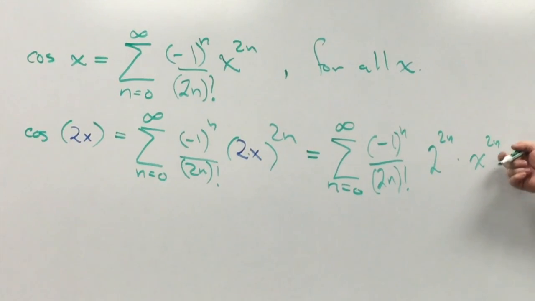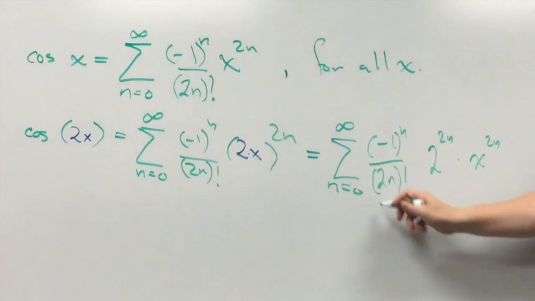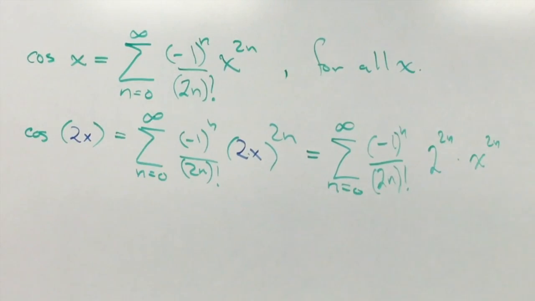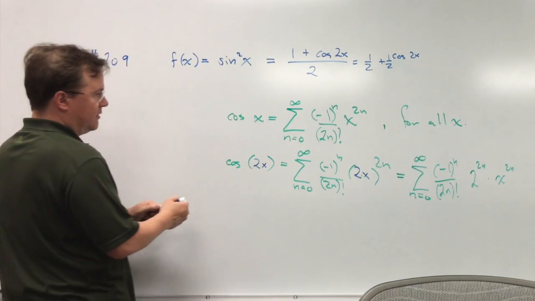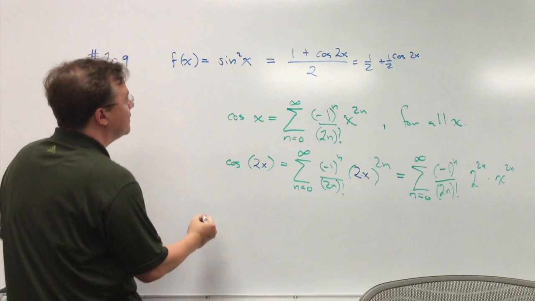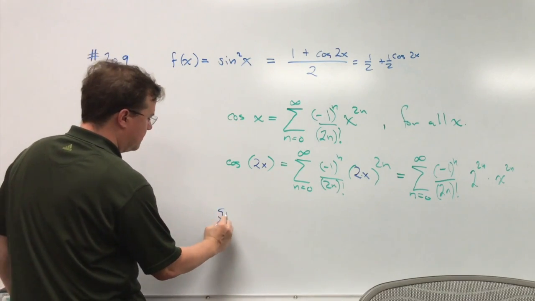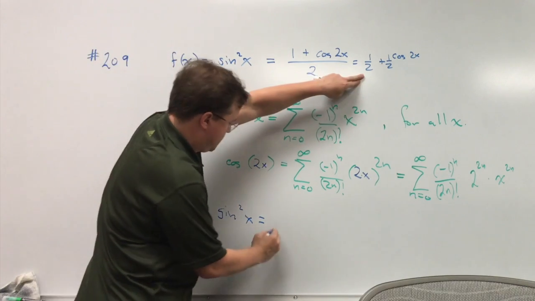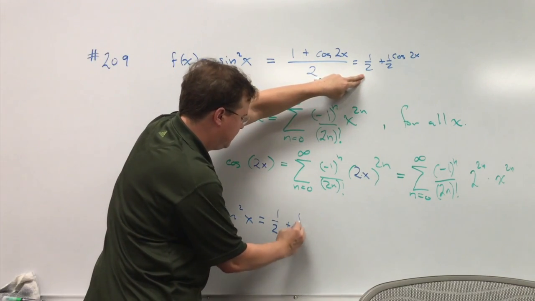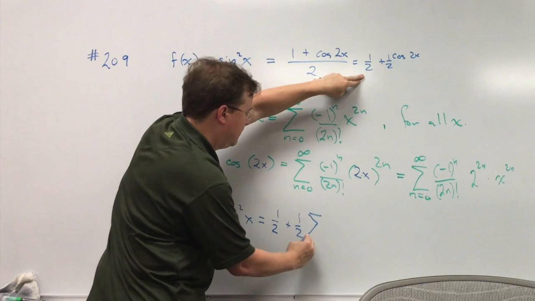I still have strictly even powers of x, but the formula for the coefficients has changed a little bit. I can go a step further and say that sine squared x is equal to 1/2 of 1/2 of this.